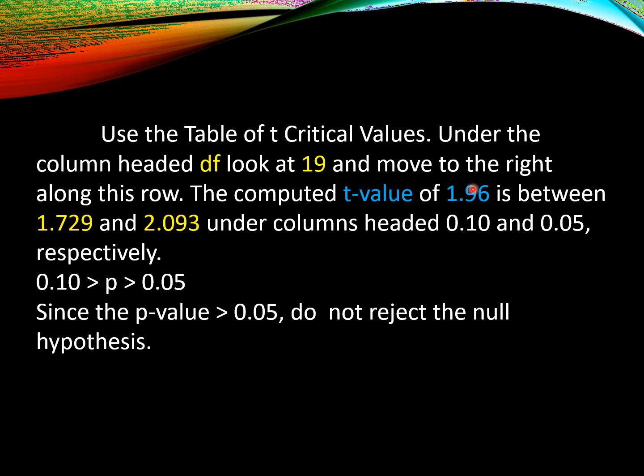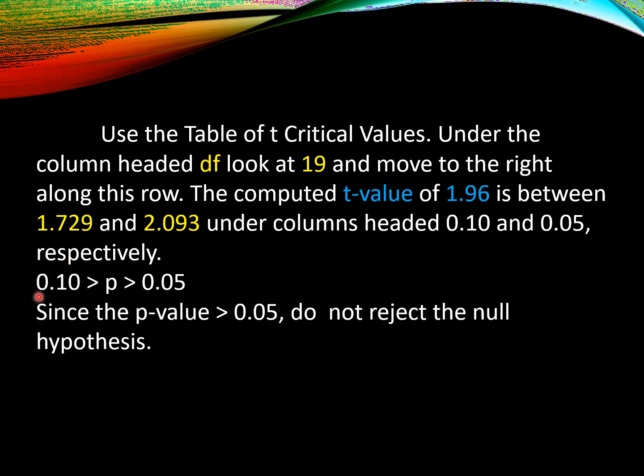So wala kayong makikitang 1.96 sa table pero it is between 1.729 yung pinakamalapit na that is less than 1.96 and then the value greater than 1.96 so pinakamalapit din. So which is 2.093. And then kung papansin nyo si 1.729 the equivalent alpha niyan is 0.10. Tama?